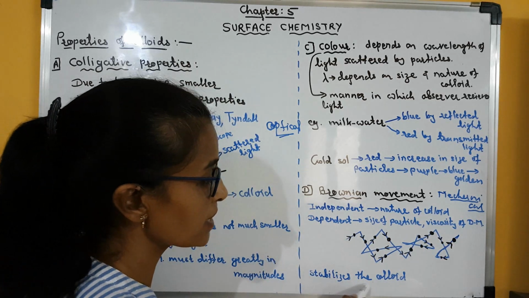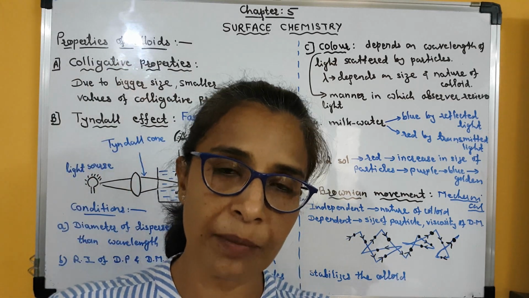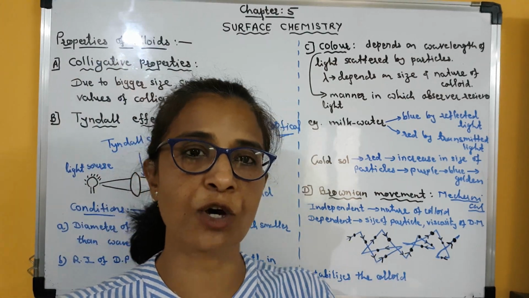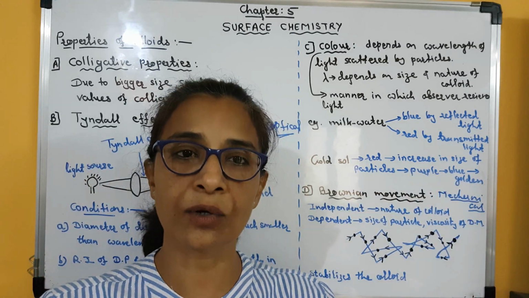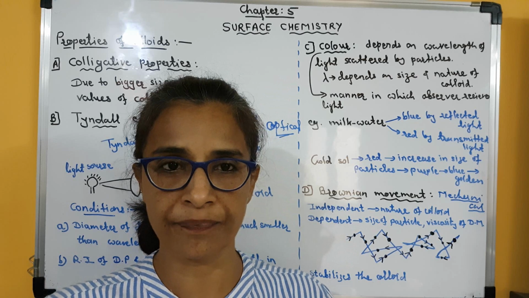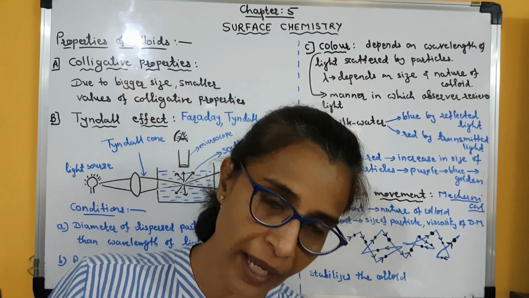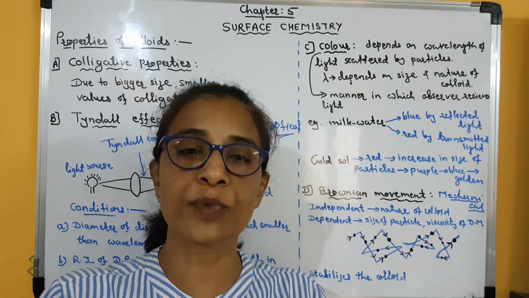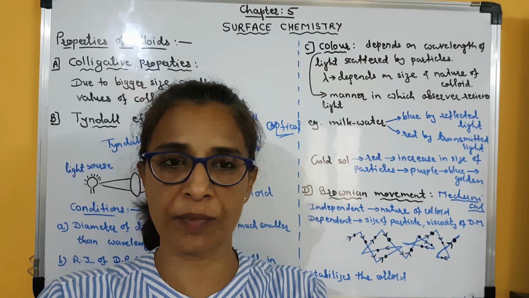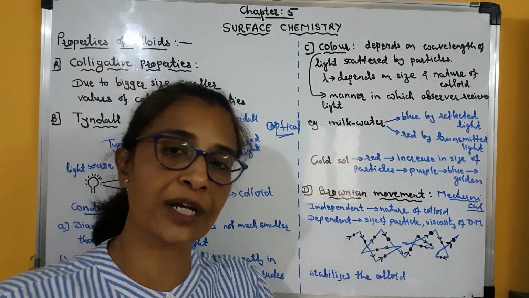It stabilizes the colloid. If the particles of the dispersed phase settle down, then the colloid gets destroyed. So long as these colloidal particles remain in motion, that colloid is stable. Clear? So here the Brownian movement is like a stirring effect.